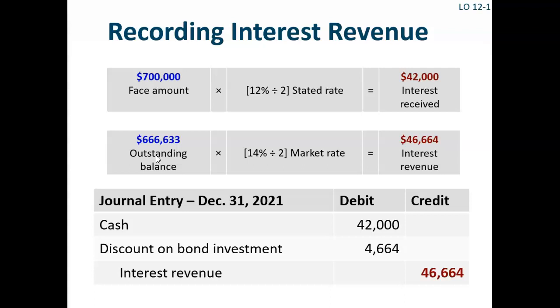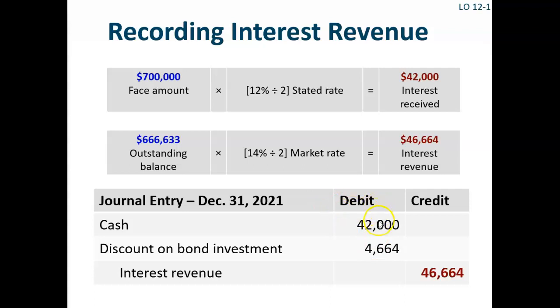In this case, the first period, the amortized amount or outstanding balance was $666,633 times 1/2 of the market rate of interest to calculate interest revenue. Credit the revenue account, debit the cash account, and the difference is a debit to the discount on bond investment.